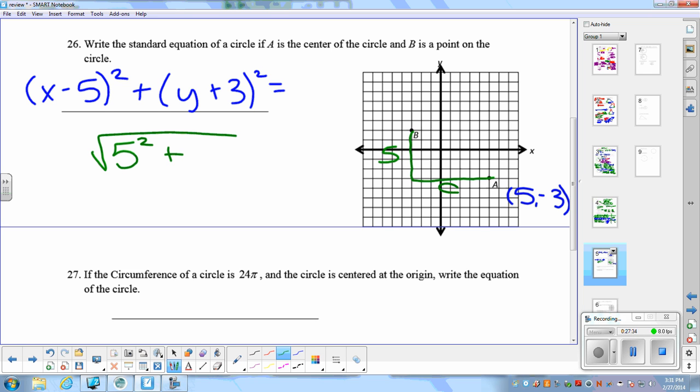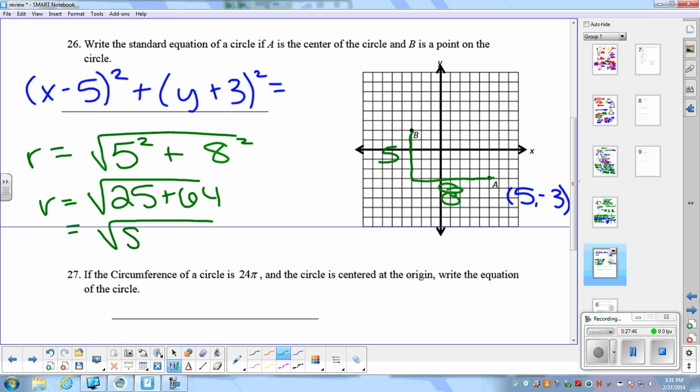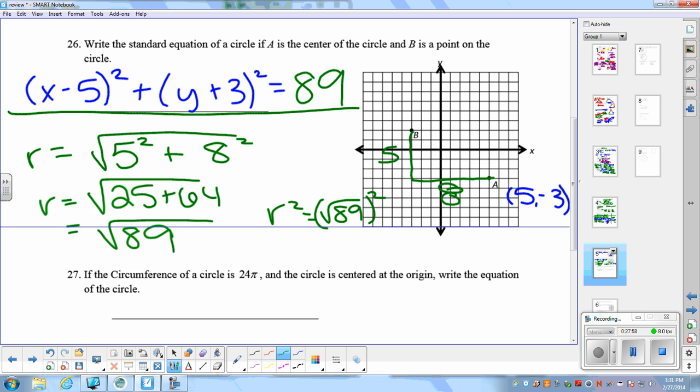Yes, this is 8. So 8 squared. So then my radius is the square root of 25 plus 64, which is the square root of 89. And then when I square that, r squared is the square root of 89 squared, which is simply 89. There's my equation.